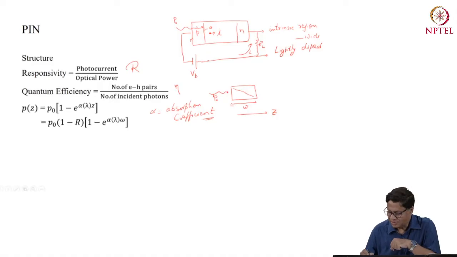Let us define the reflected part by the reflection coefficient R of the device. So effectively the power which goes inside the photodiode is P0 into (1 minus R) into (1 minus e^(-alpha(lambda) W)). This is the power you get after traveling a distance of W.